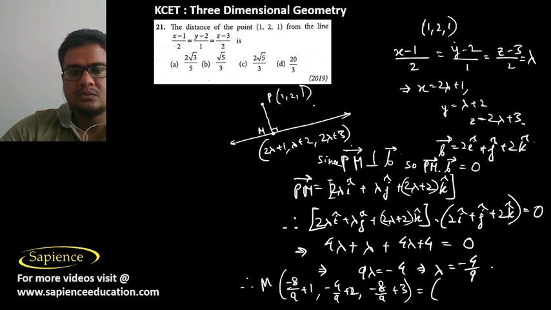So that is equal to 1 by 9, comma 23 by 9, comma 19 by 9.